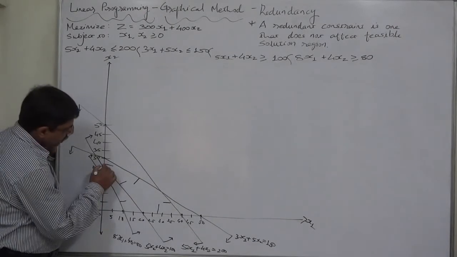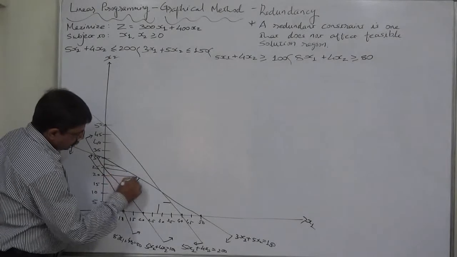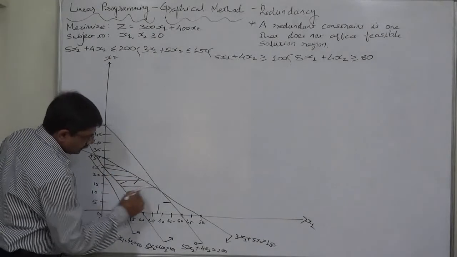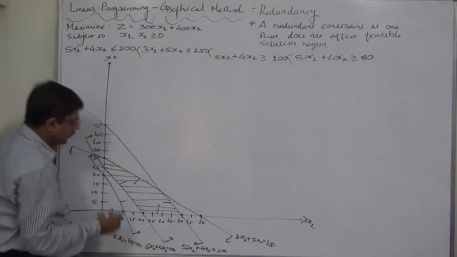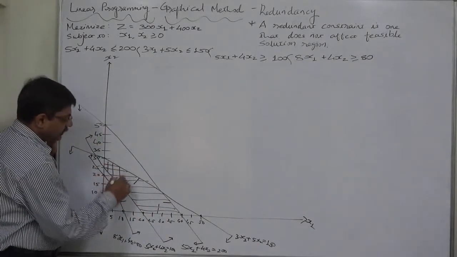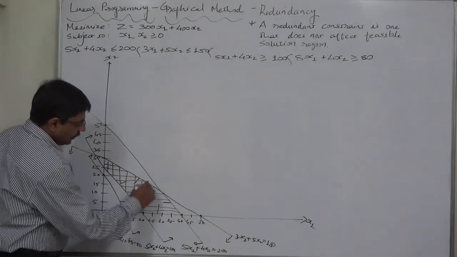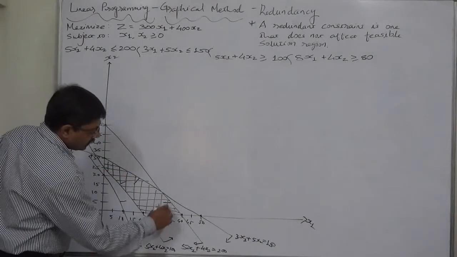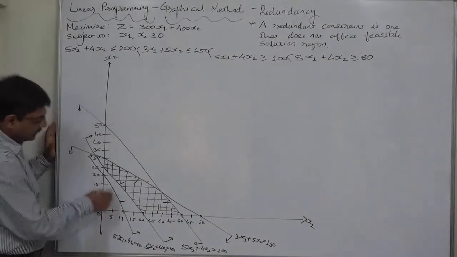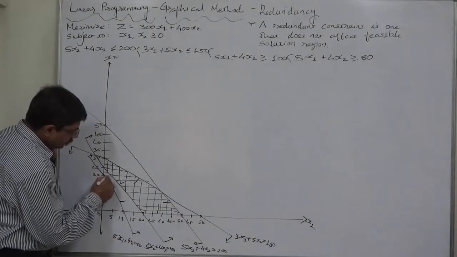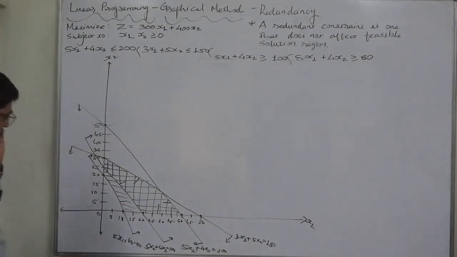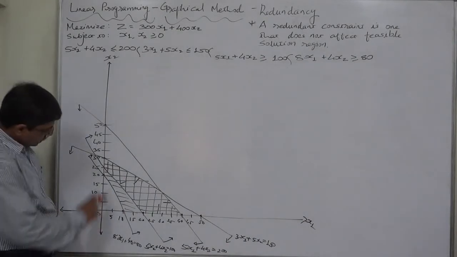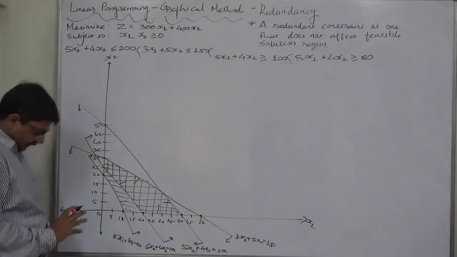So we prefer to draw or to select this region as the common region of most of the constraints of this LPP, because we don't need to include this, but I am going to shade this. Now it is upon us whether to consider this constraint or this constraint.